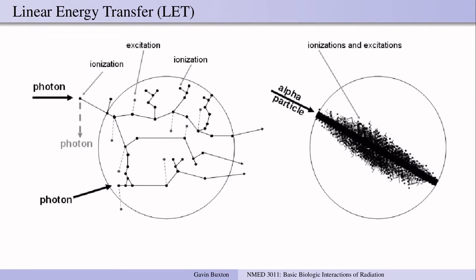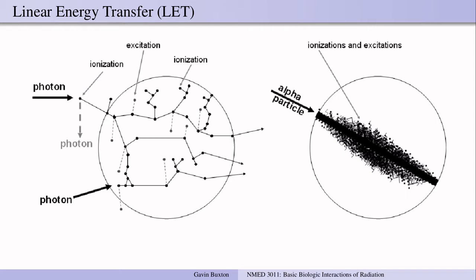Now here's an example of what that might look like. So on the left is a low LET particle coming in and causing ionizations or excitations, and the electrons or photons that are scattered can go on and interact with other parts of the material. However, these interactions are spread out over a relatively large distance.